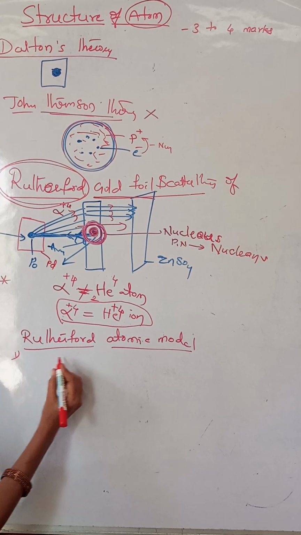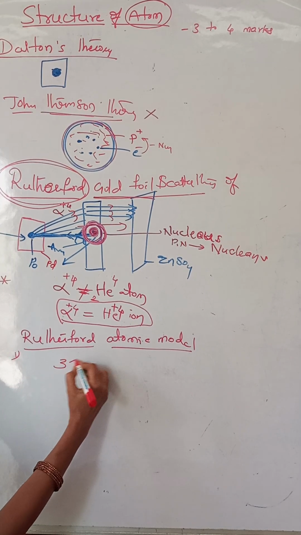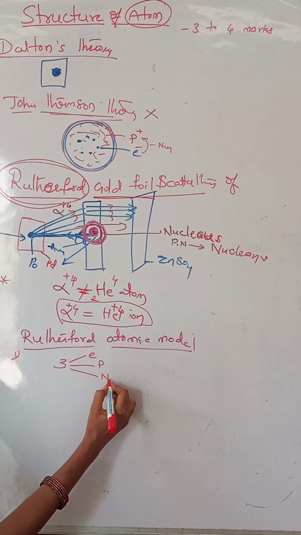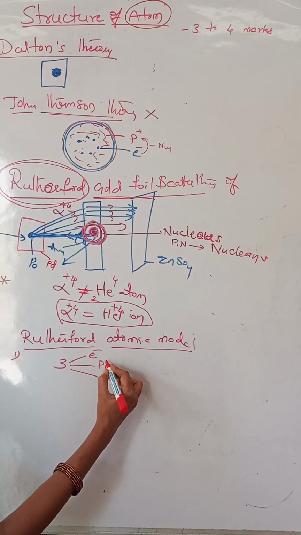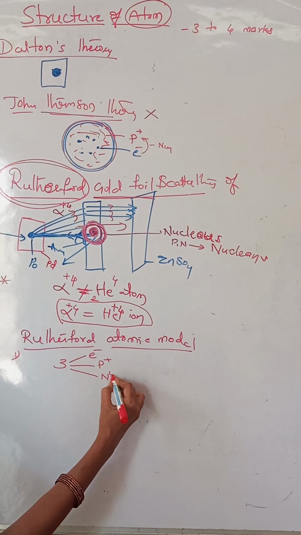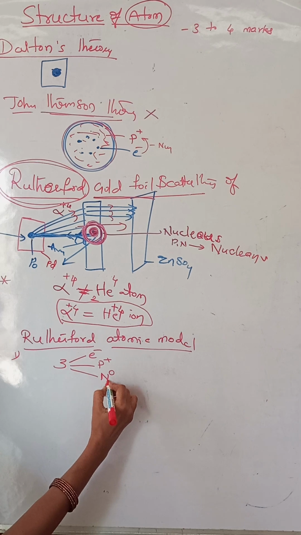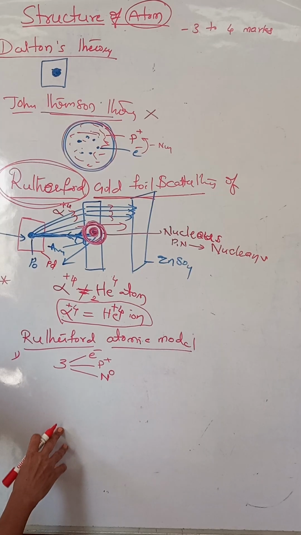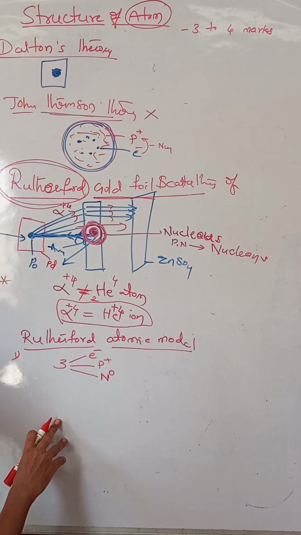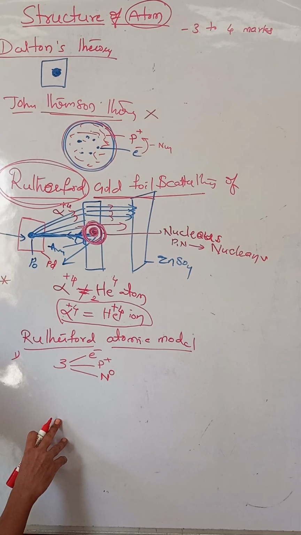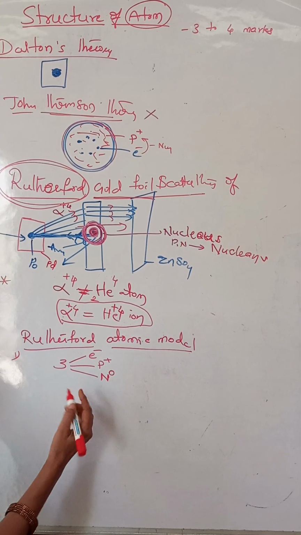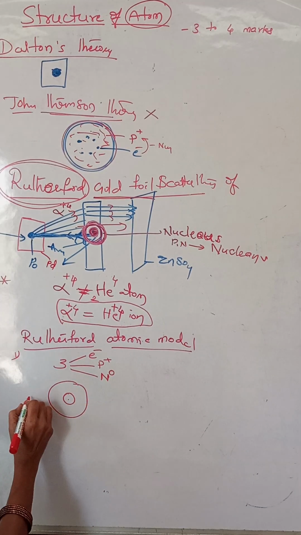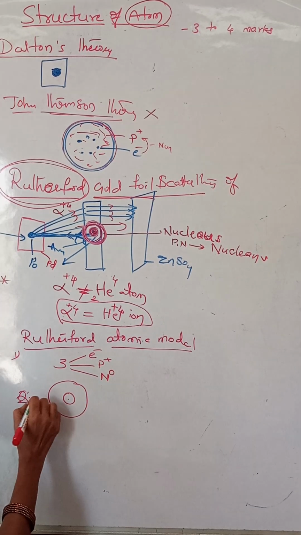The atom has 3 subparticles: one is the electron, two is the proton, three is the neutron. The electron is negative charge, the proton is positive charge, and the neutron is neutral. Why is the nucleus positively charged? Next, another question is there.